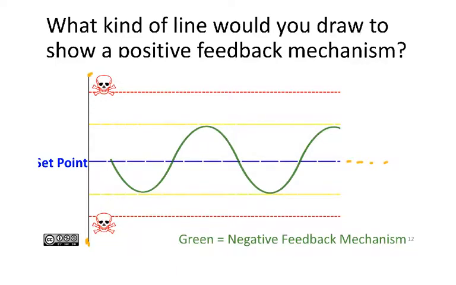So what would you add to this diagram for a positive feedback mechanism? Just think to yourself for a second. The more actively you engage with the material, the better. So try to imagine what kind of line you would draw.